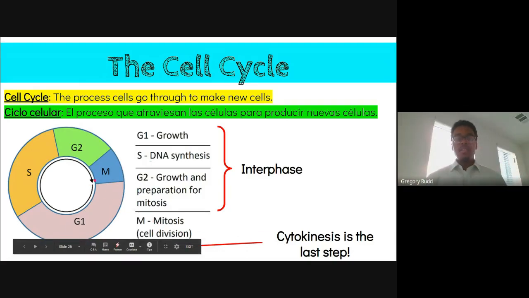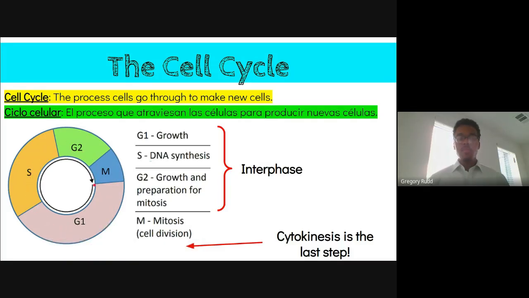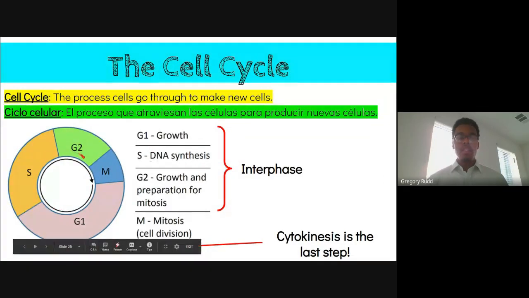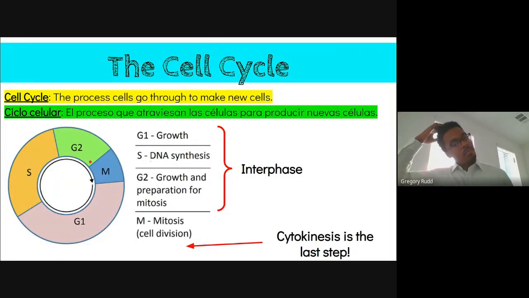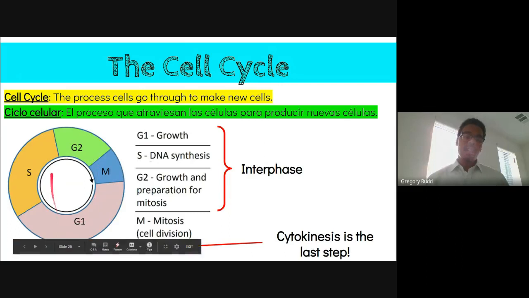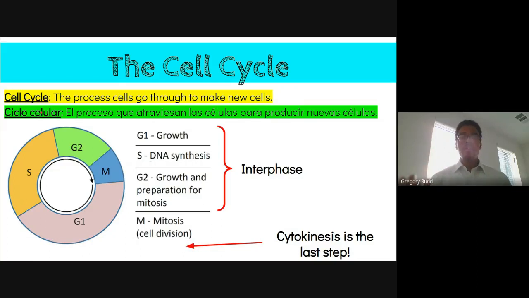This pie chart allows us to really see that interphase, which is G1, S, and G2, is by far the longest stage of the cell cycle. It takes up about 90% of the cell cycle, and then the rest is M phase, and then the cell splits. Okay, but the cell cycle is the process cells go through to make new cells.